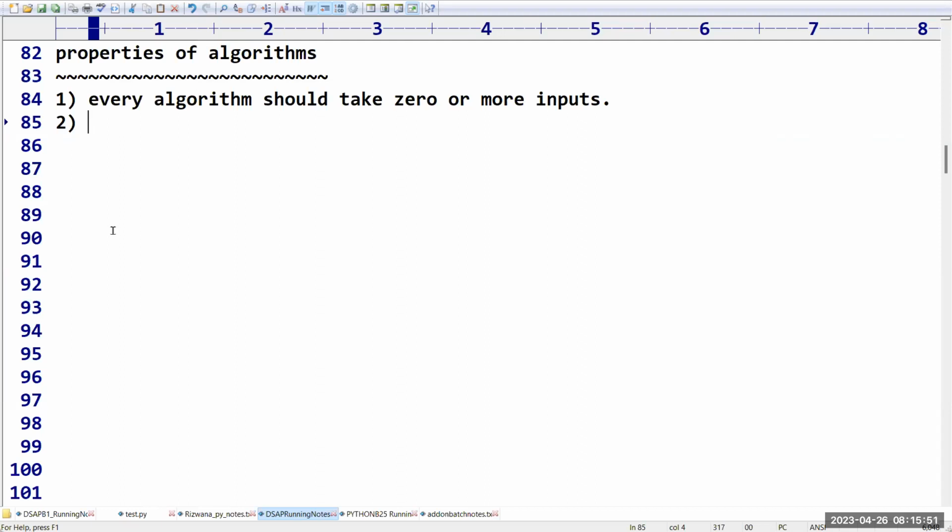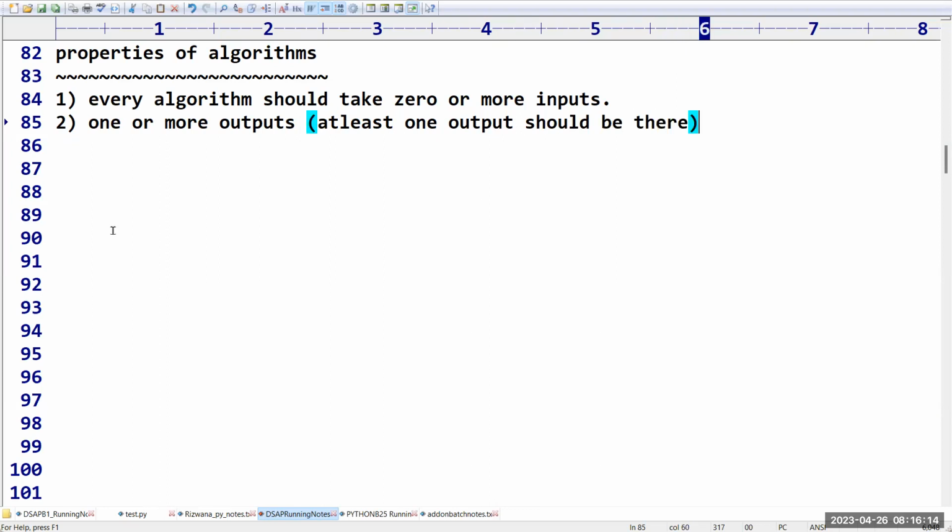Next, a very important second point: every algorithm should produce one or more outputs. At least one output should be there.